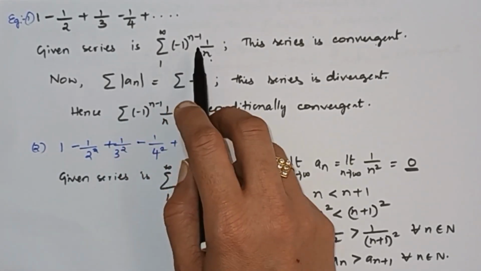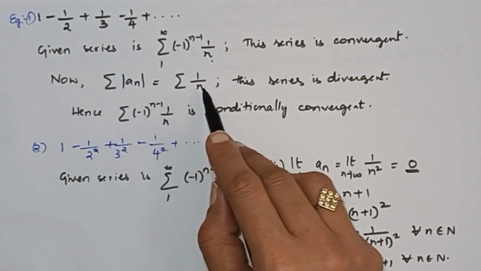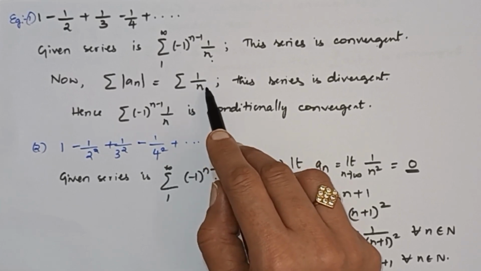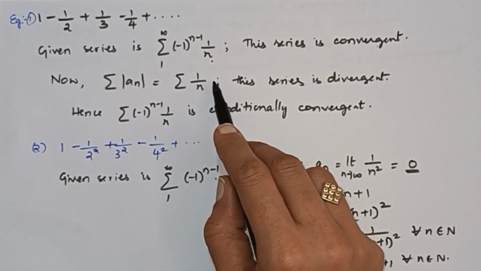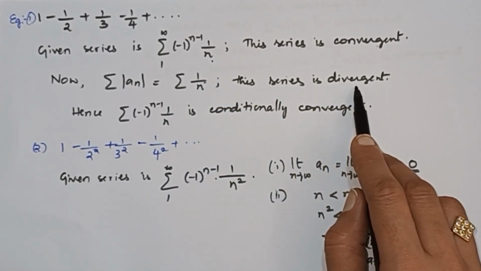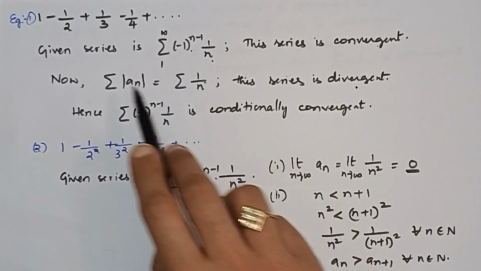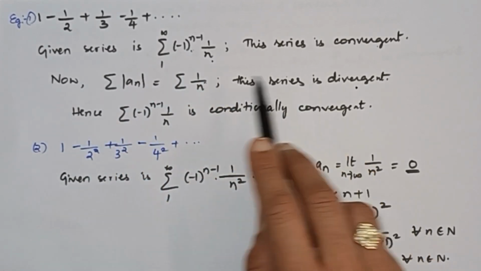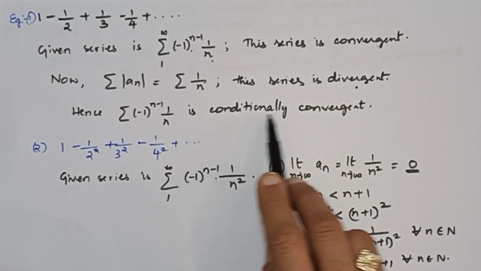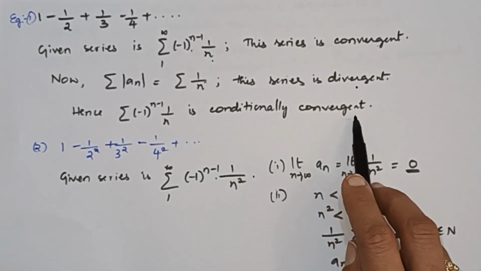When you take the modulus of all the terms of the given series, you get the series 1 by n. The alternating series converts to a positive series. We know that this series diverges using the p-series test. Therefore, if the given series converges and modulus of an diverges, then the given series is conditionally convergent.